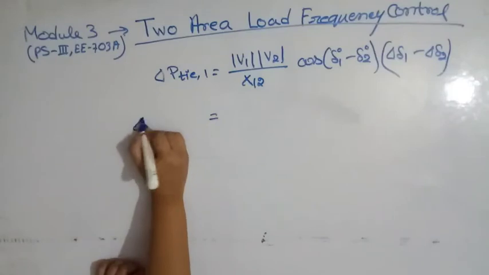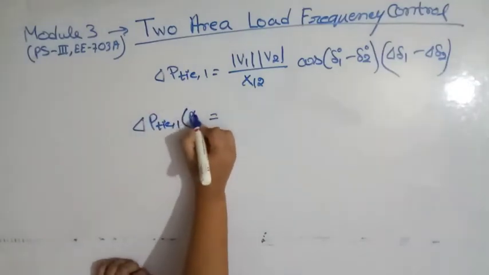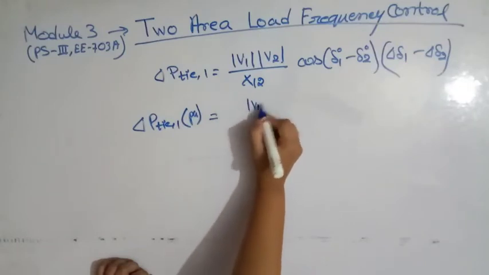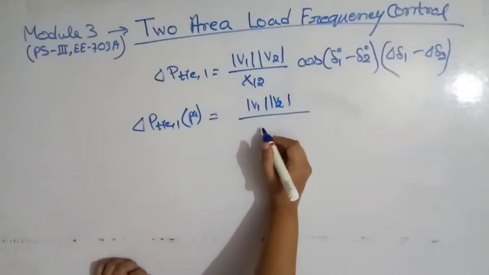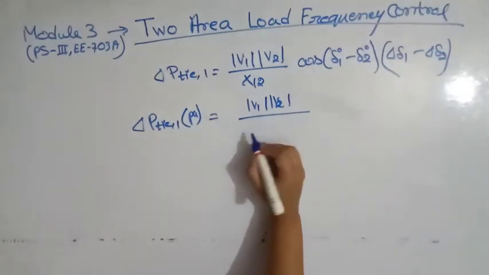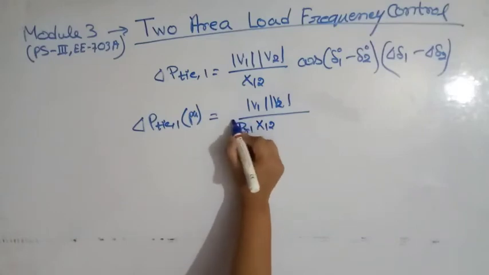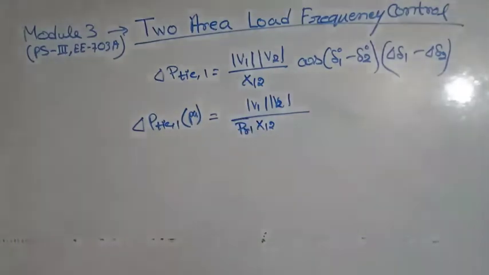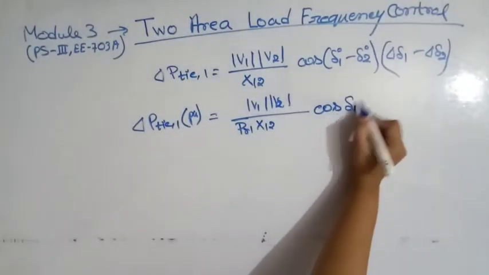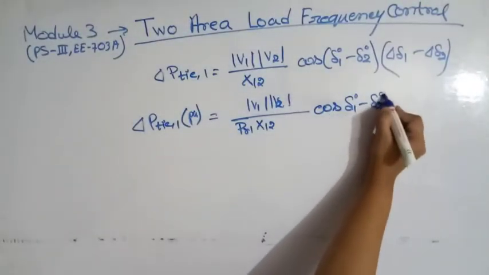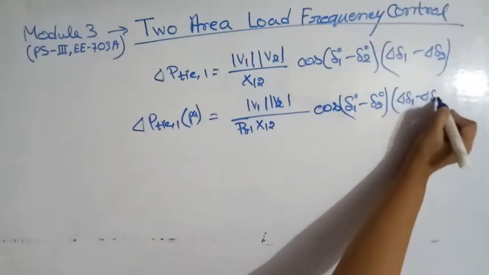Now the value of delta P tie 1 per unit equals V1 V2 by X12 divided by PR1, the rating of area 1, times cos delta 1 minus delta 2 times d delta 1 minus d delta 2.